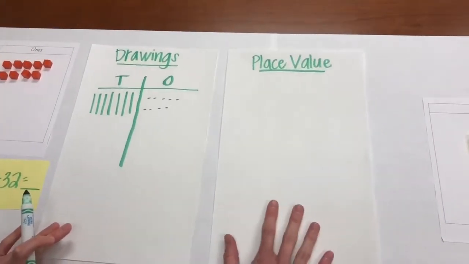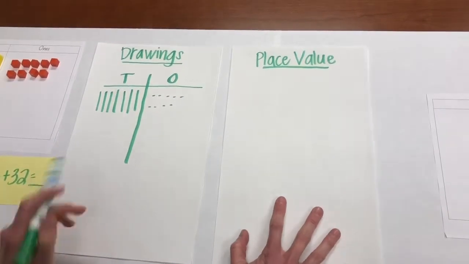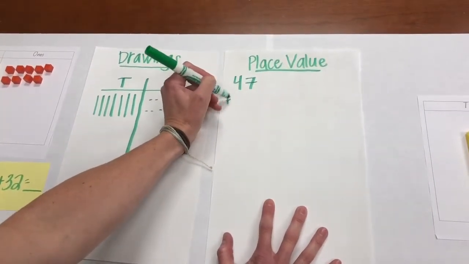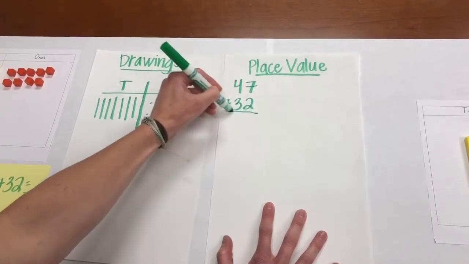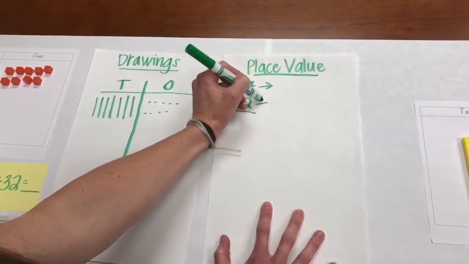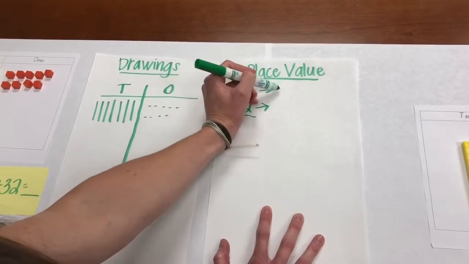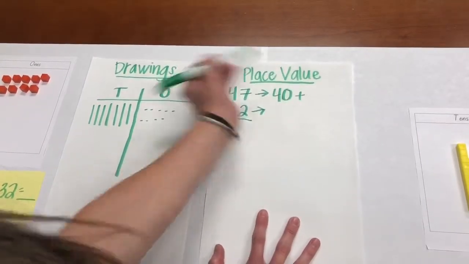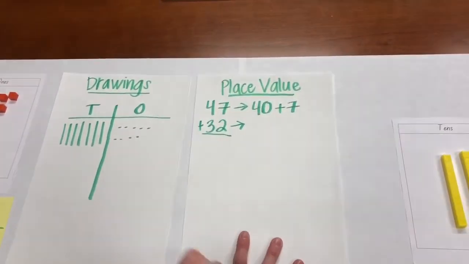The place value strategy is more abstract because we're going to be primarily using numbers. But if I think about 47 and 32, and I decompose by place value, or I break apart by place value, I know that 47 has 4 tens, which is equivalent to 40, and it has 7 ones, which is equal to 7.